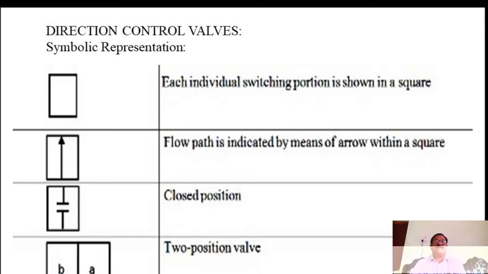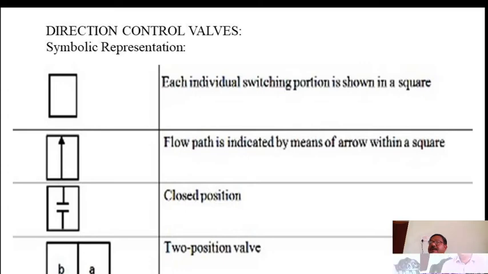For the symbolic representation of direction control valves, each individual switching position is shown in a square. The symbol for the hydraulic valve is a square block representing the valve body or valve envelope. Lines and arrows within the square indicate the direction of flow between the openings, and these openings are called ports, provided on the body.